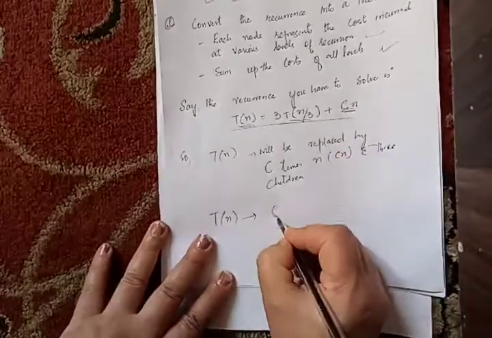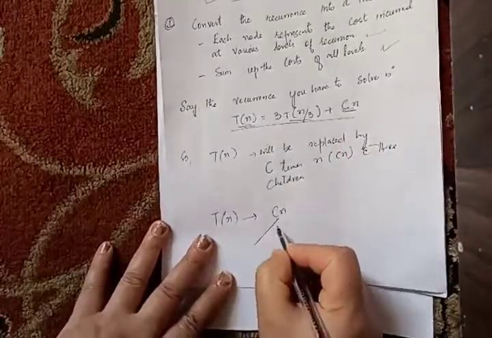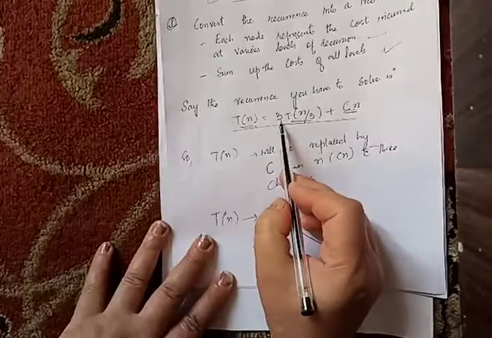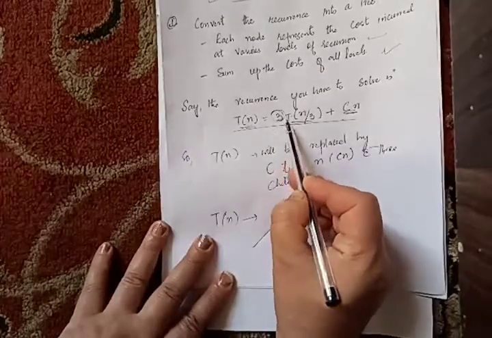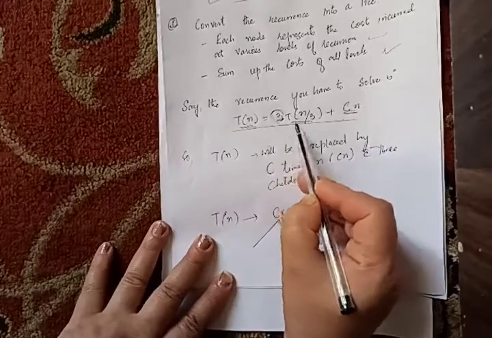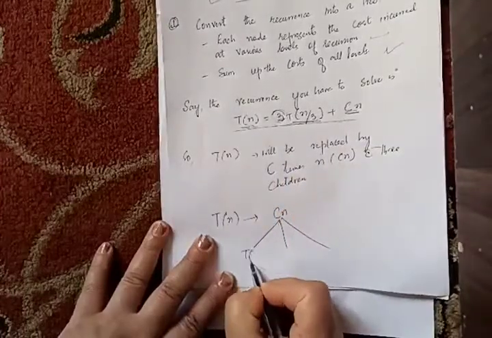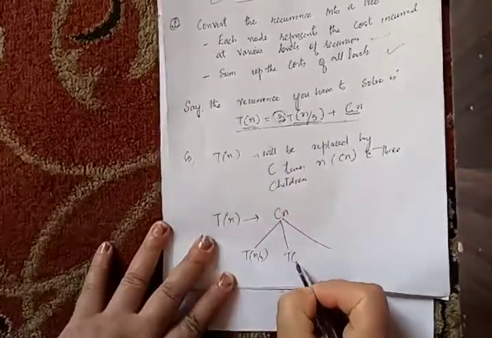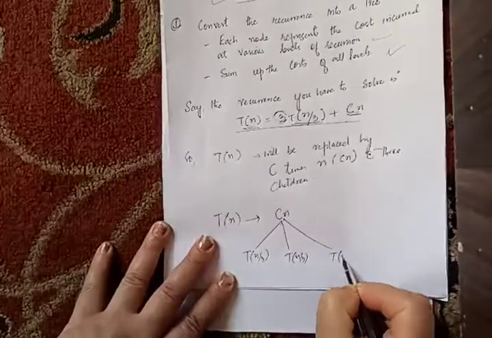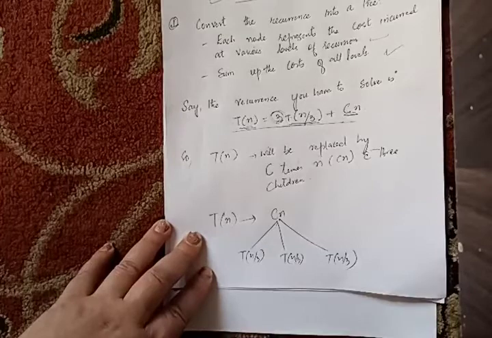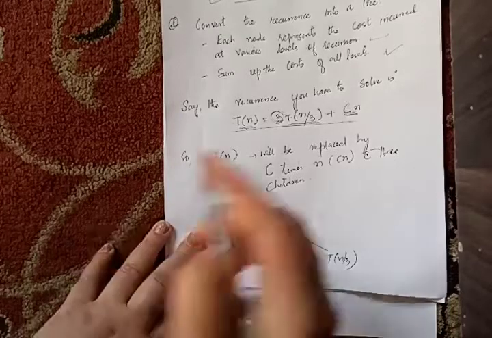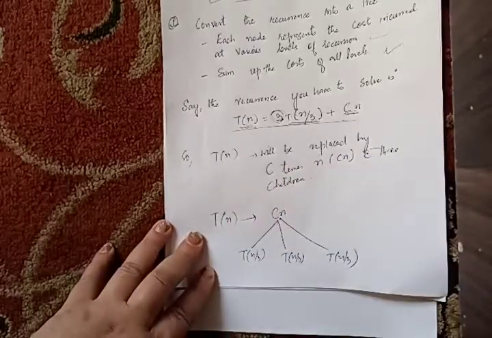Firstly the upper node will be c·n with 3 children, and each child is of size n/3. We don't have to write 3, but we have to mention the size of the subproblem. This is the first round of applying the recursion tree on this equation.